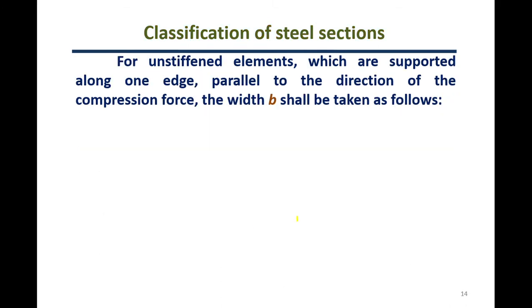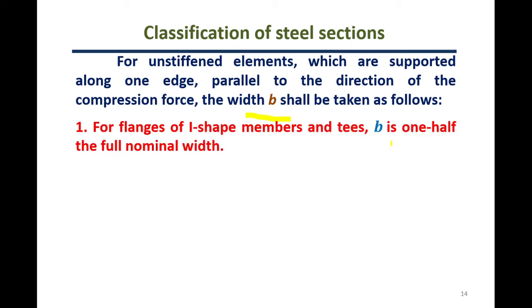For unstiffened elements, which are supported along one edge parallel to the direction of the compression force, the width b shall be taken as follows. For flanges of I-shaped members, b is one-half the full nominal width.